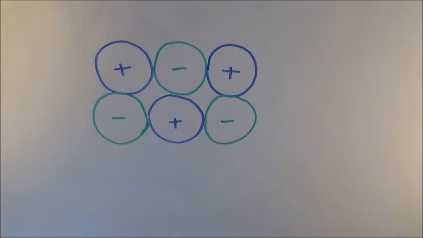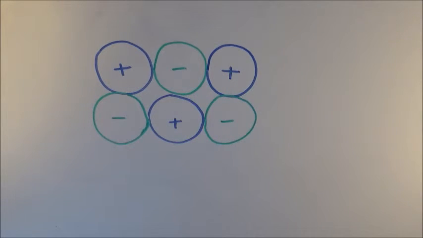Okay, here I have made a pretty lousy attempt to draw a representation of some positive and negative ions in an ionic lattice. And all I want to do is give you an idea of how people go about calculating the lattice enthalpy of a compound, assuming that the bonding is only ionic.